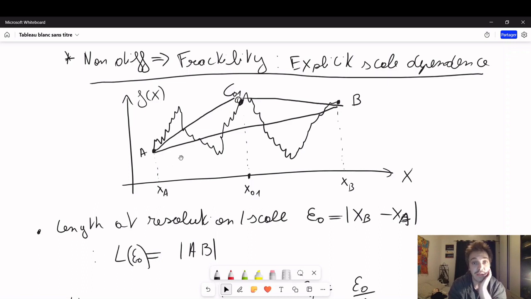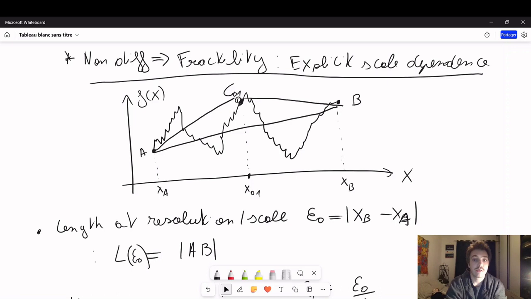And here the length is just a covering with straight lines. We compute it like that. We cover the curve with straight lines associated with the resolution that is given. Now, if we repeat this many times, we understand easily that we are going to get a length that is bigger and bigger as the resolution gets smaller.